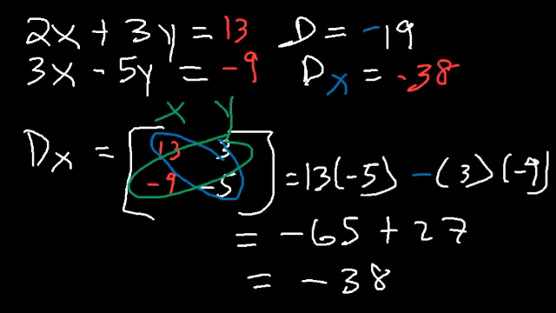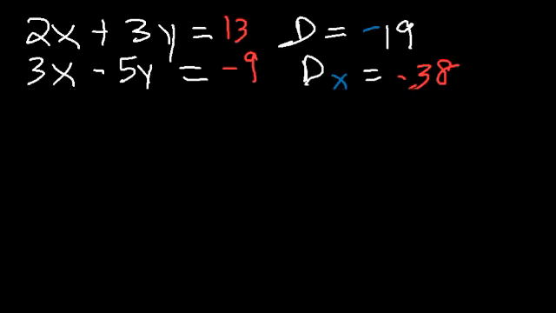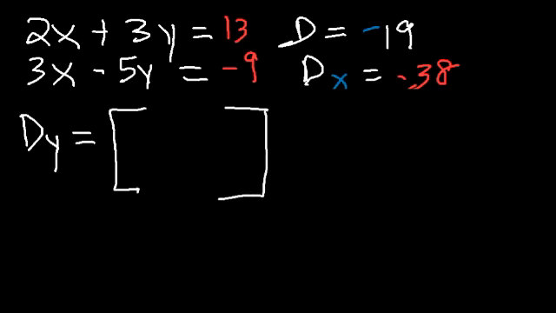Now we need to calculate dy. So this is going to be x, this is y. This time we're going to replace the coefficients of y with c1 and c2. So this is going to be 13, negative 9, and the coefficients of x are 2 and 3.